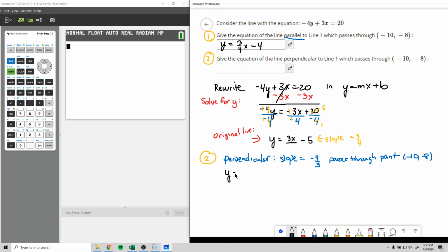We have y equals m, the slope is negative 4/3, x plus b. Then we plug in our x and y values, x is negative 10 and y is negative 8. So we get negative 8 equals negative 4 over 3 x plus b.